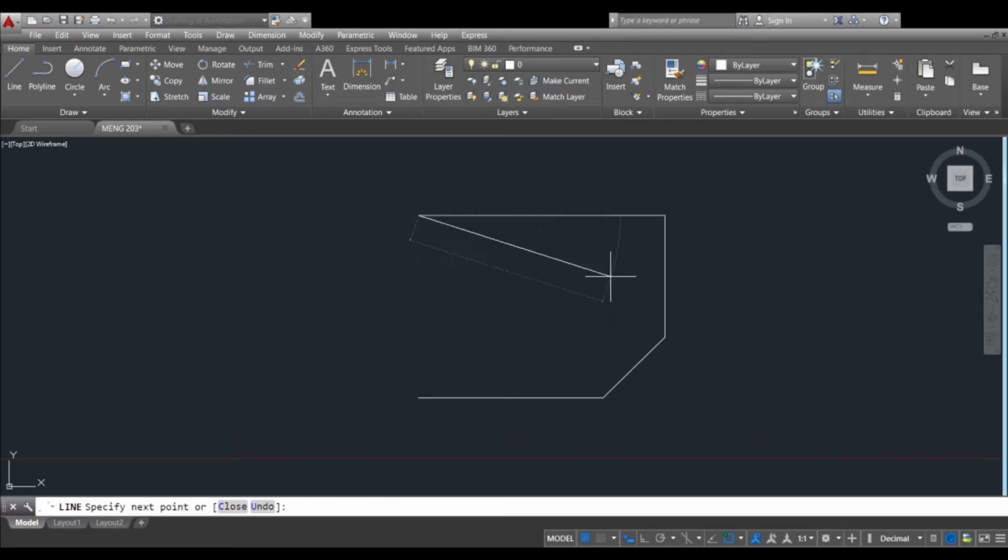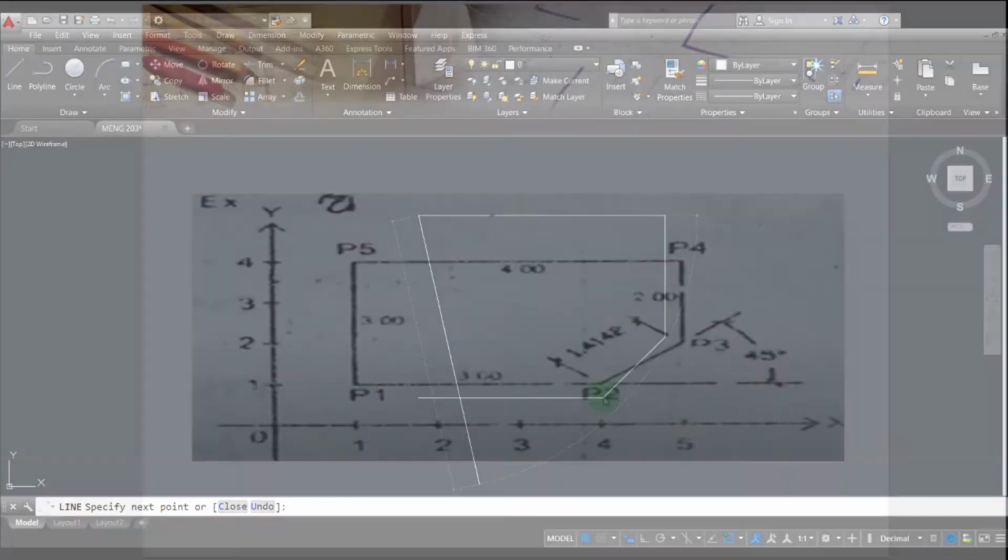I can really tell that we are learning. From the figure, from point 5 to point 1, we're going down by 3. The line from P5 to P1 has an angle of negative 90, since we are going in a clockwise direction from 0.